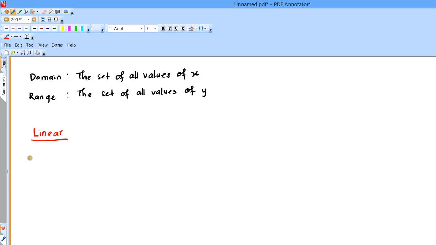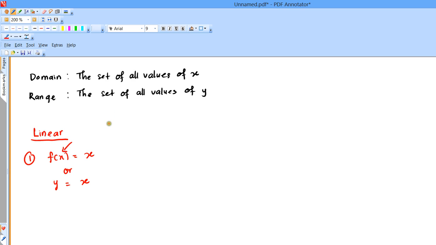The first example is f(x) equals x, or we can write y equals x. This is a function named f(x), or we can write y equals x.